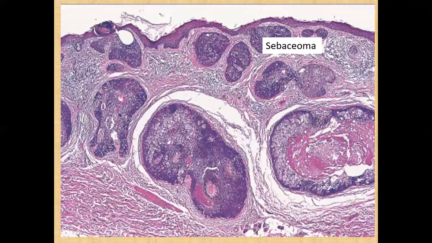Sebaceomas. There are different kinds of sebaceous tumors which we see in the dermis, starting from senile sebaceous hyperplasia, in which there is only a hyperplasia of sebaceous glands, and then sebaceous adenoma, in which we see lots of sebaceous glands with a rim of basaloid cells. Then sebaceoma, where the sebaceous component is less, while the basaloid component is more, and like we see here, there is a lot of basaloid component and less sebaceous component.